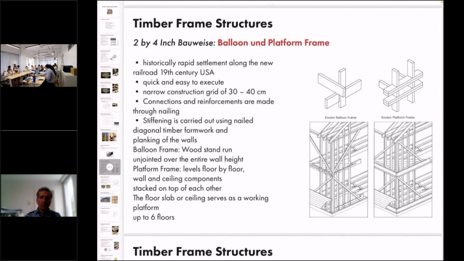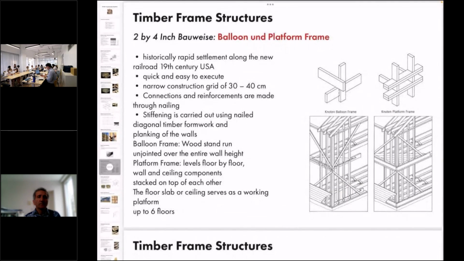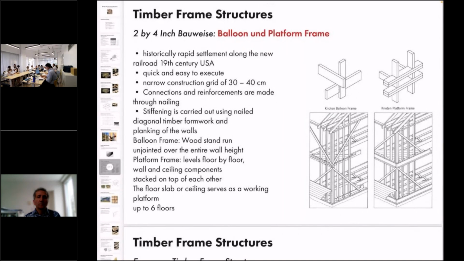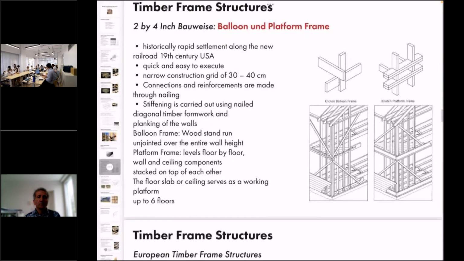And in the platform frame, you always build your platform, then the workers can work from there and build the next level. And they are all connected with nails, which is not so good if you want to use it again, so it's hard to reuse those woods.